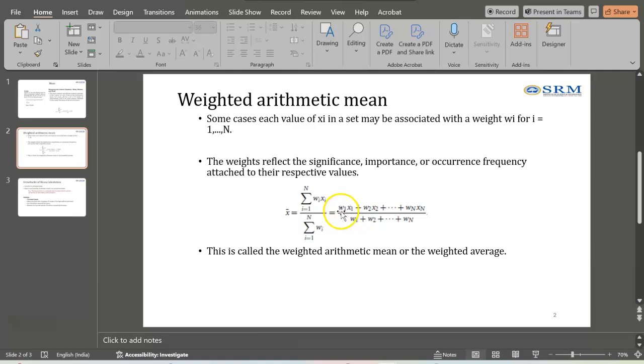So that is w1 into x1 plus w2 into x2 till wn into xn, where n is the final observation, divided by w1 plus w2 till wn. This is how you find the weighted arithmetic mean.